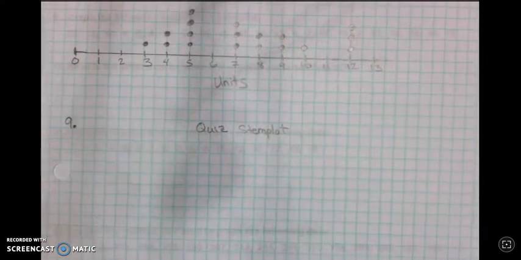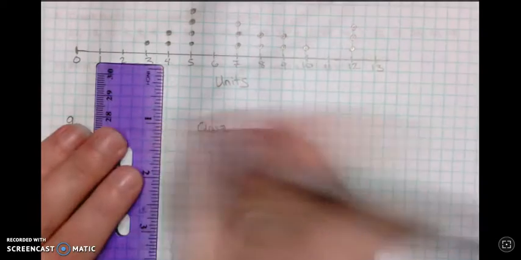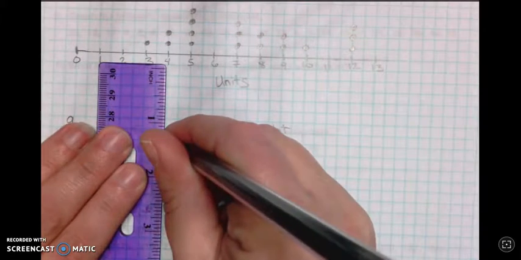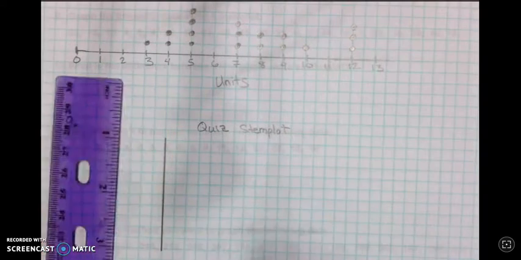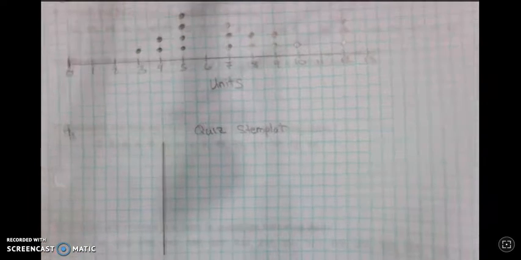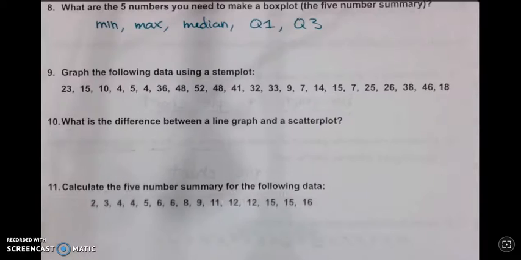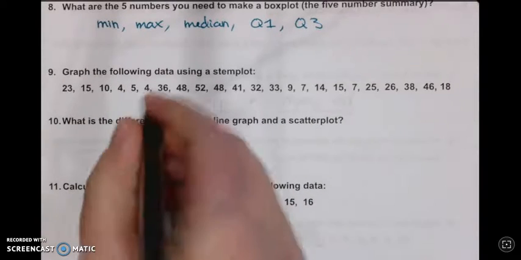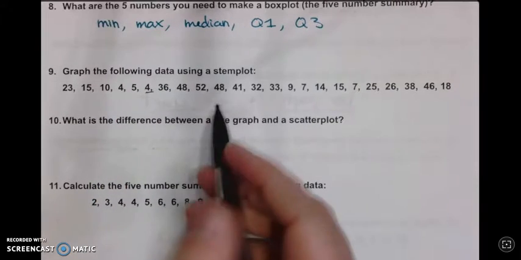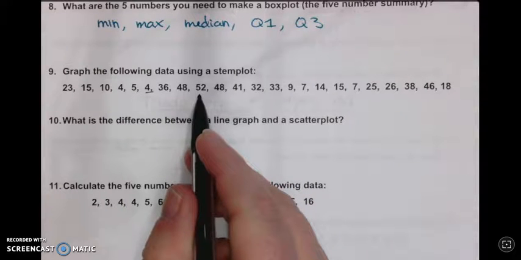And you need a ruler to draw the vertical line, like that. And then I look at the numbers. So we have the smallest number looks like maybe a 4, and the largest maybe 50, 52.